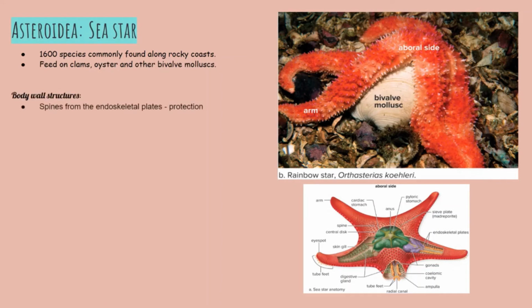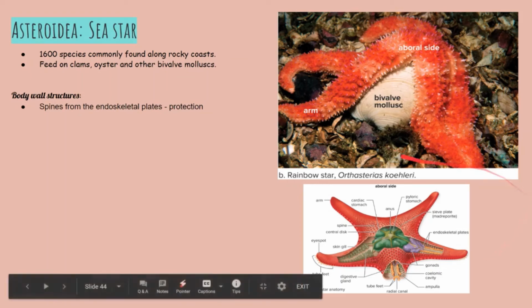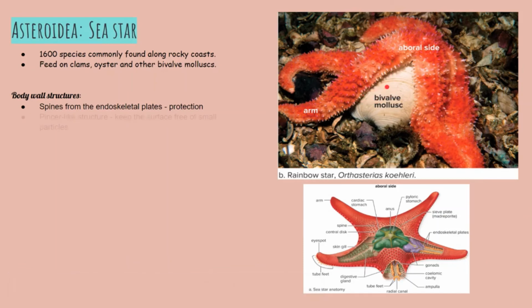Their body walls are full of spines from the endoskeleton plates, which is actually for protection. As we can see, it has a lot of spines. Next is the pincer-like structure to keep the surface free of small particles. And then also skin gills, tiny finger-like extensions of the skin for respiration.